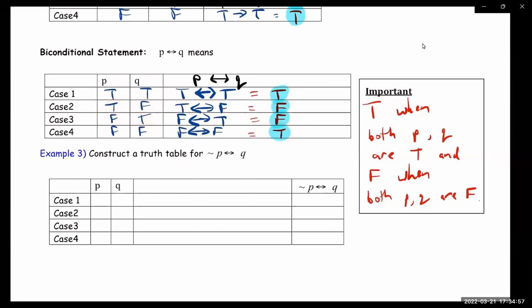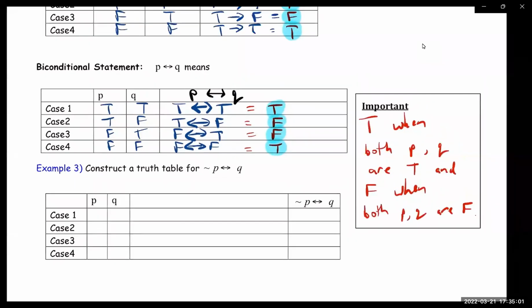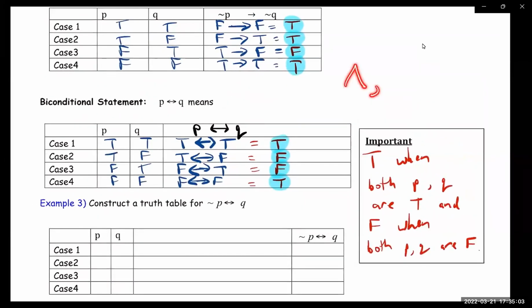Yeah, so there's a lot of stuff going on, like a lot of different rules. We have a rule for and, we have a rule for or, we have a rule for conditional, and now we have a rule for the biconditional. So there's 4 different rules you have to kind of pretty much know. This one means they both have to be true for the statement to be true. This one says only one of them has to be true.